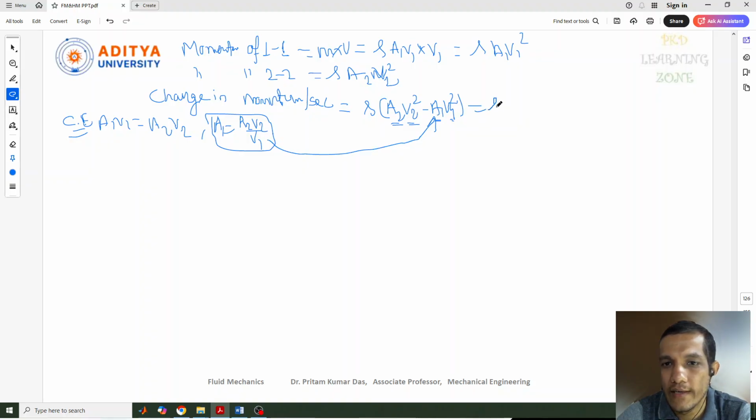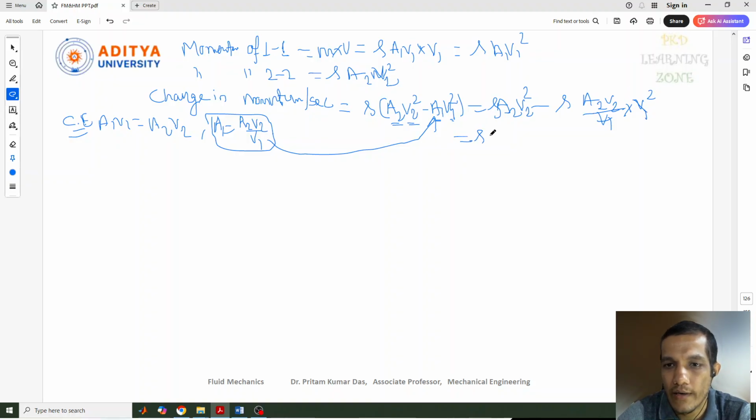So what do we get? Rho a2 v2 square minus rho, in place of a1, a2 v2 divided by v1, into v1 square. So v1 square will be cancelled, and only v1 will be there.